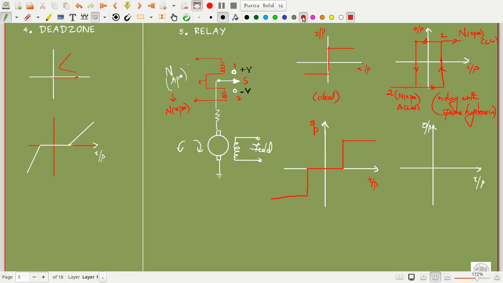And if we see a relay with hysteresis and dead zone, time is taken for the relay to activate, and then it goes to position 1. It can be in position 1 for some time. Then if I try to move it to position 2, it tries to move back and then it comes down to the dead zone because it switches to the 0 position.